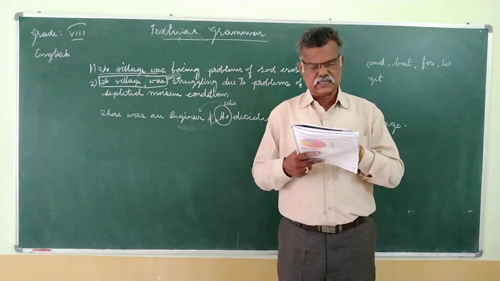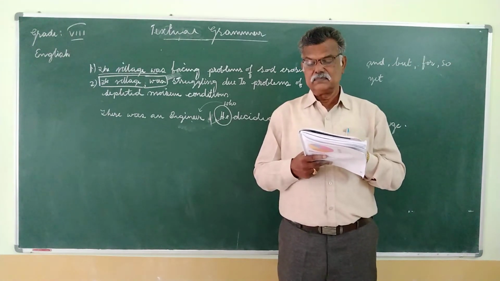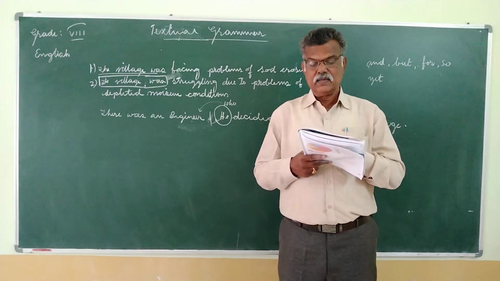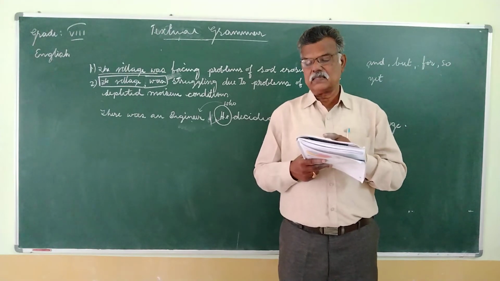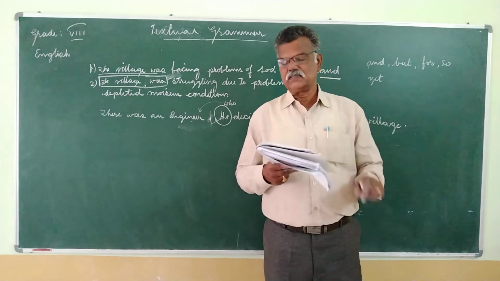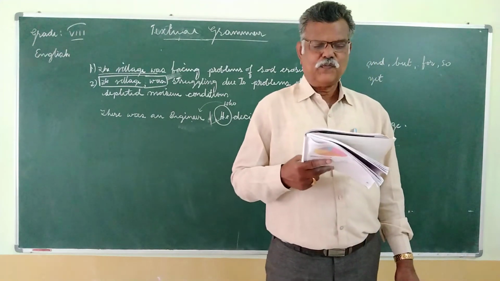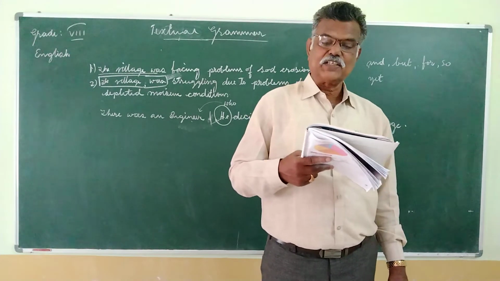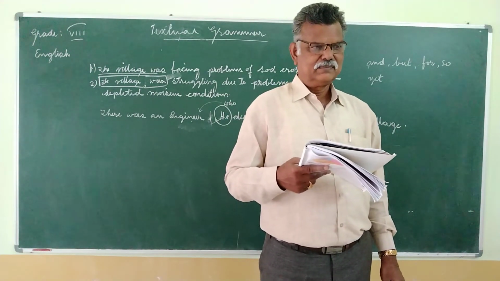Unless we save water, comma, what would happen? There will be no water for the future generations. Unless we save water, the future generations would be left with no water. Where do you write it?